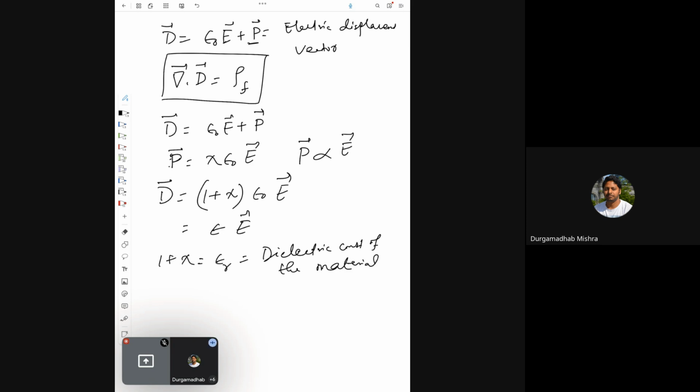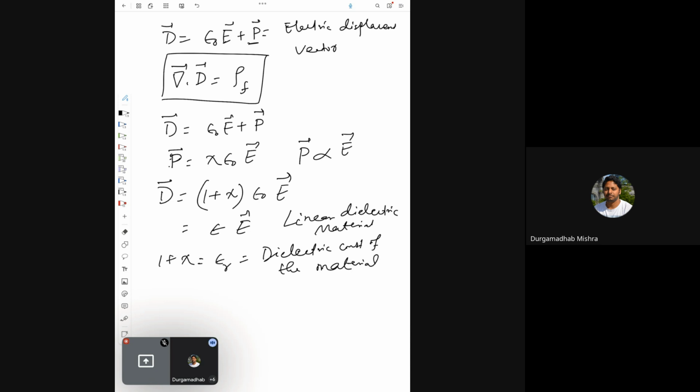So epsilon is the permittivity of the material, and epsilon R is its relative permittivity. This is called a linear dielectric material. Linear, why? Because there is a linear relation between P and E, D and E, and so on. So the Gauss's law changes in a dielectric medium.